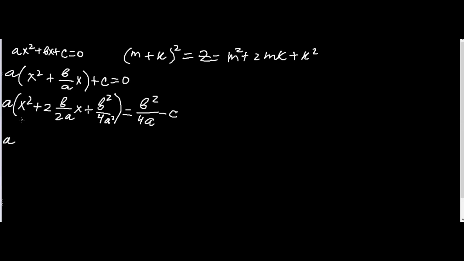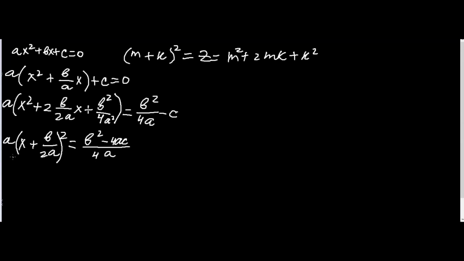Now we can simplify this equation, all right? So it is (x + b over 2a) squared equals (b squared minus 4ac) over 4a squared, just add c to this number.